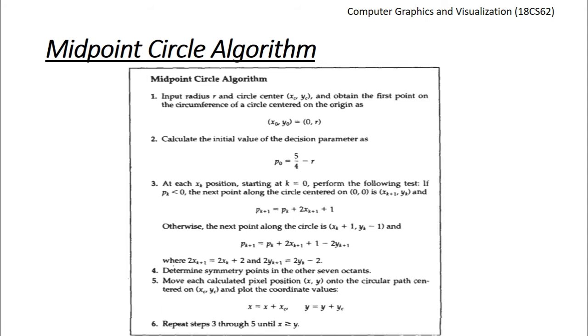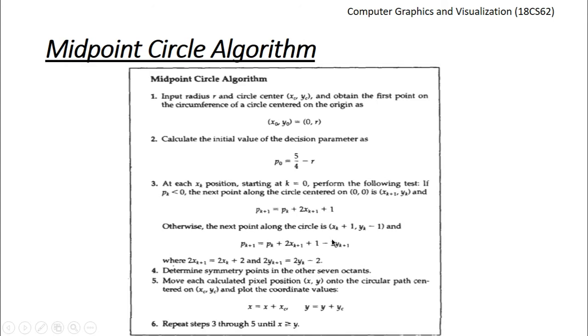That is, just increment x, retain the y value as it is, and use this equation to compute the value of the next decision parameter, in case the value of pk is negative. If the value of pk is positive, then the next point on the circle centered at the origin is computed as (xk+1, yk-1). That means we need to increment x by 1 and decrement y by 1, and use this equation to compute the next decision parameter.